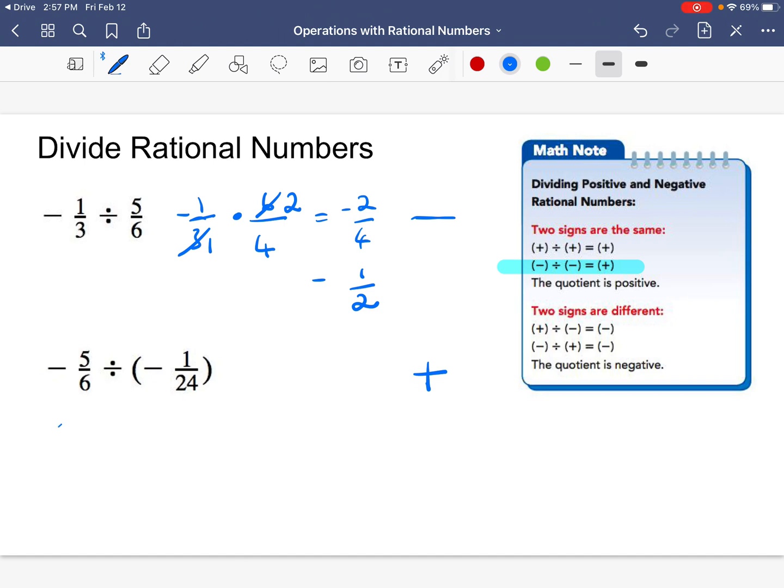Negative 5/6 divided by negative 1/24 is negative 5/6 multiplied by the reciprocal of 1/24, which is negative 24/1. So now let's do some cross cancelling. 6 divided by 6 is 1. Negative 24 divided by 6 is negative 4. Negative 5 times negative 4 is positive 20.